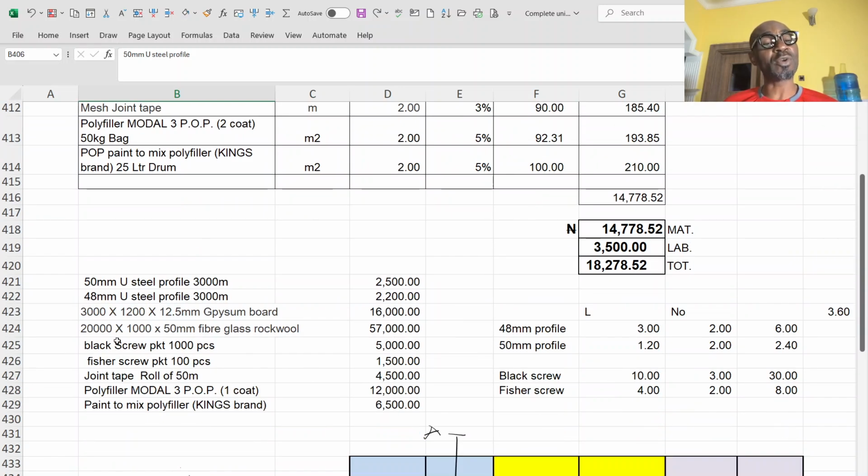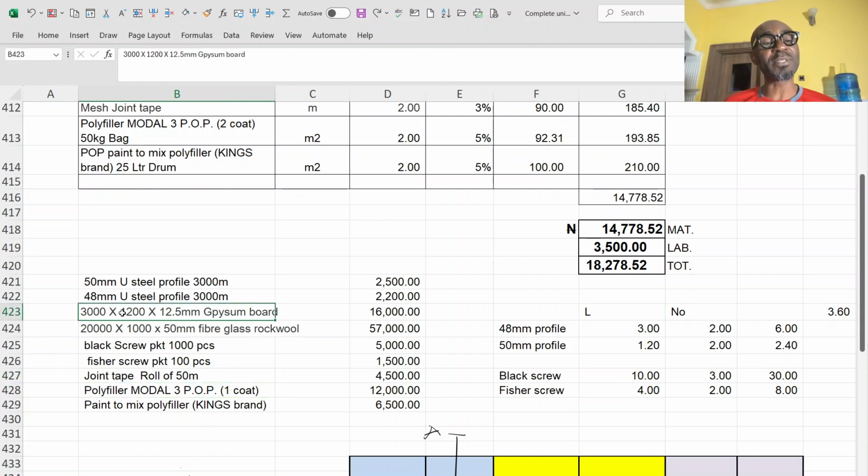Say if it is an 800 thick drywall, the rock wool will be 800 thick, and the price will not be the same. And the profiles too will be wider, and the prices will not be the same. The screws will remain, the joint tape will remain, the painting materials will remain.